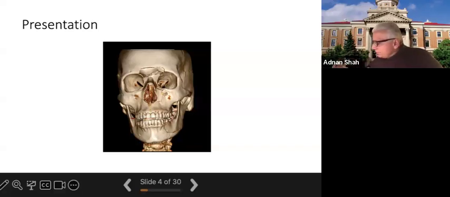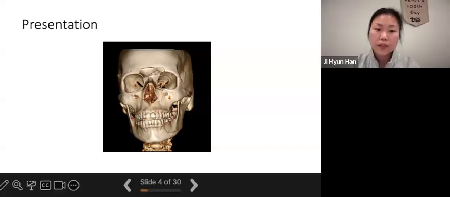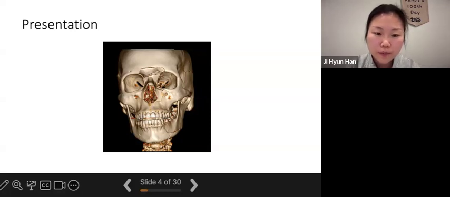Describe this fracture pattern. On the CT facial 3D reconstruction, looking at it from a coronal aspect, from top to bottom, there's a frontal sinus fracture involving at least the anterior table, unable to discern posterior table involvement.